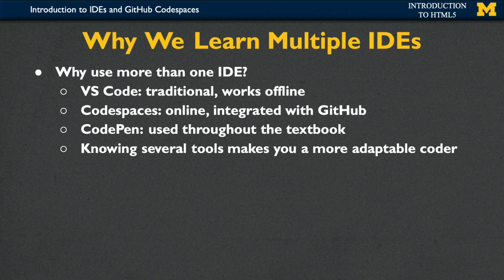And you may have noticed that throughout the textbook, you've seen CodePen, which is great for quick little examples and practicing new HTML or CSS ideas. You do not have to become an expert in all of these, but learning the basics of several tools will make you a more flexible and confident coder. And again, your HTML is the same no matter which editor you choose.